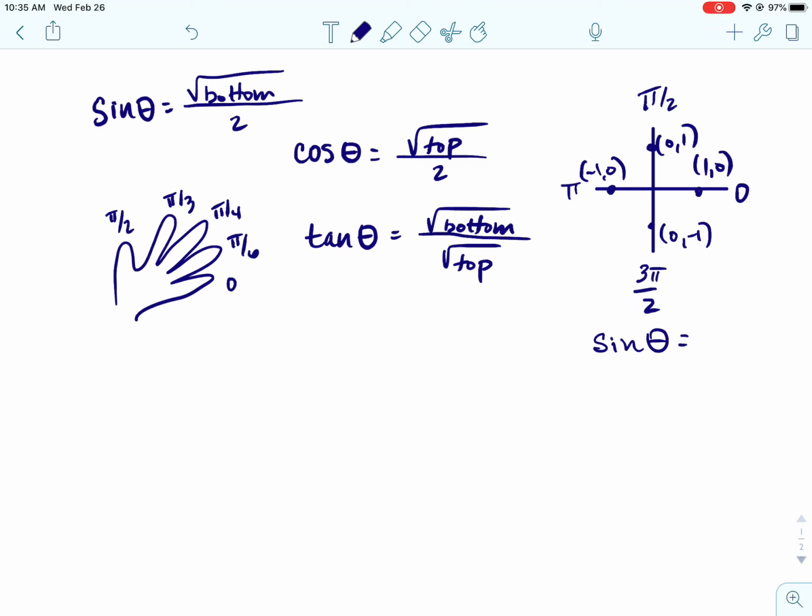Right, and then we have to write down how we find the sine, cosine, and tangent of an angle using the unit circle. All right, what do y'all think for the sine? Y, cosine x, tangent y over x.